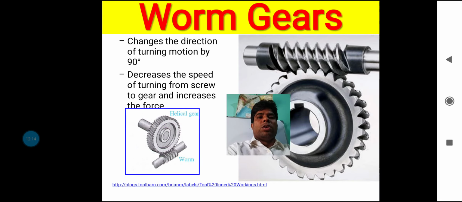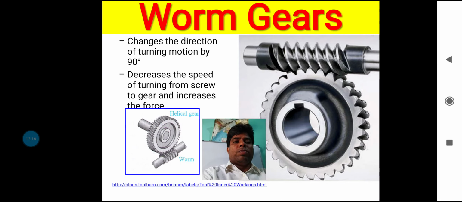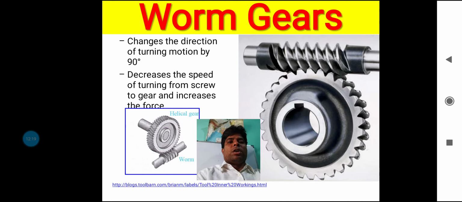Worm gear. This is the figure of a worm gear. In its actual function, it changes the direction of the turning motion by near about 90 degrees. It also decreases the speed of turning from the screw to the gear, or increases the force. It is just like a rack and pinion gear, but with some differences.